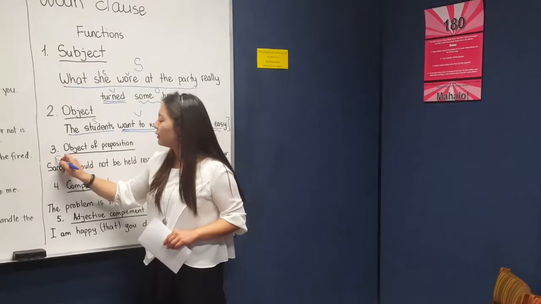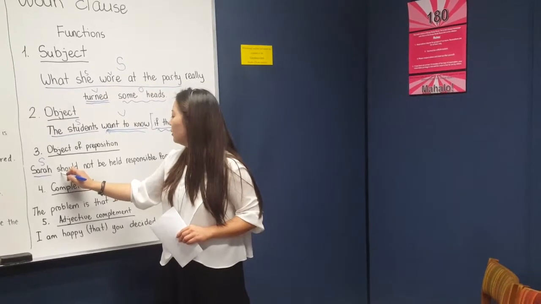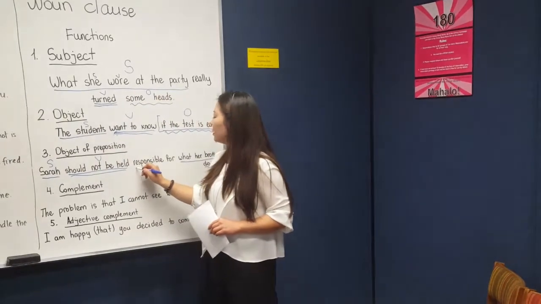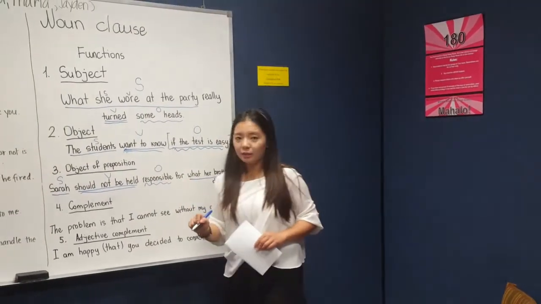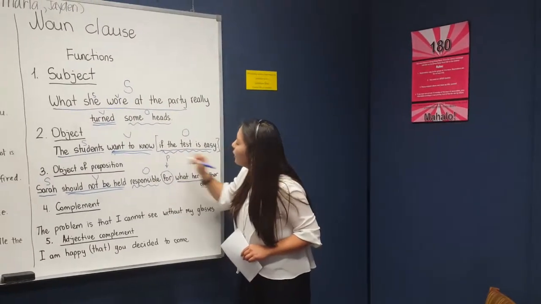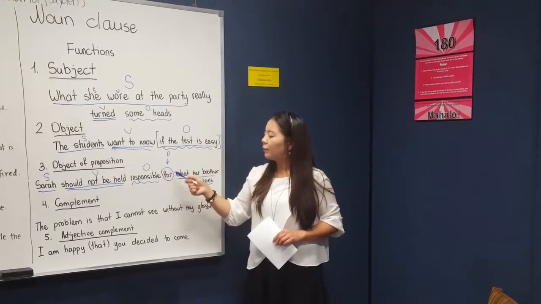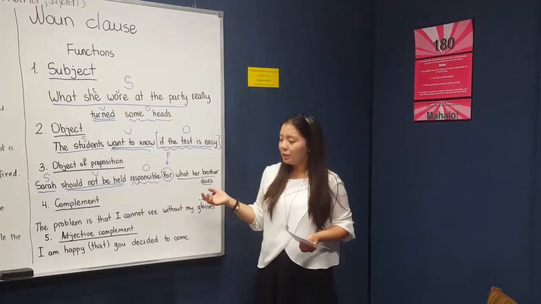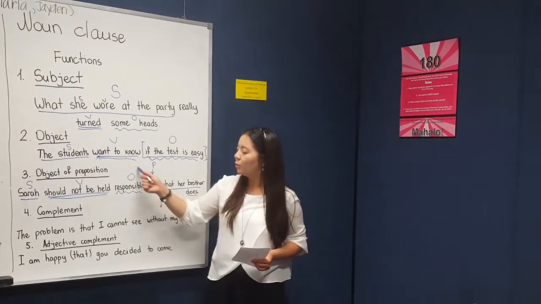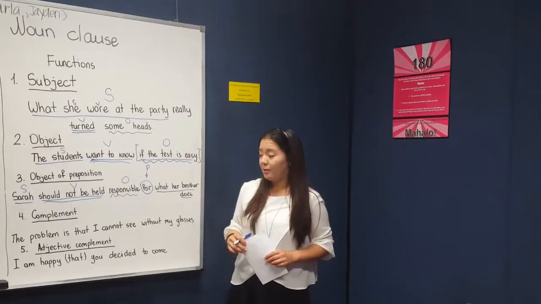The subject of the independent clause is Sara, shouldn't be held is the verb, and responsible is the complement. Here, for is a preposition, and the dependent clause that comes after for functions as the object of the preposition.